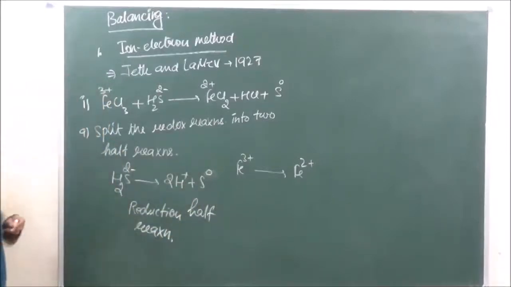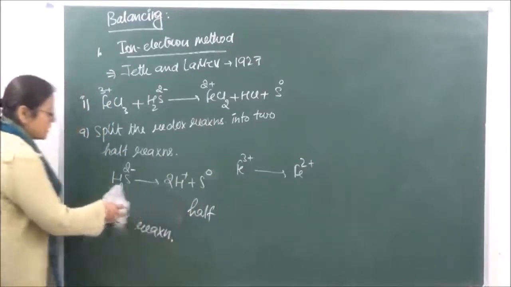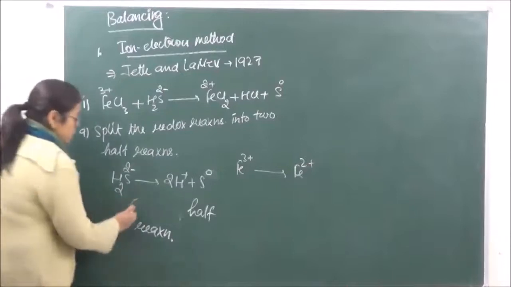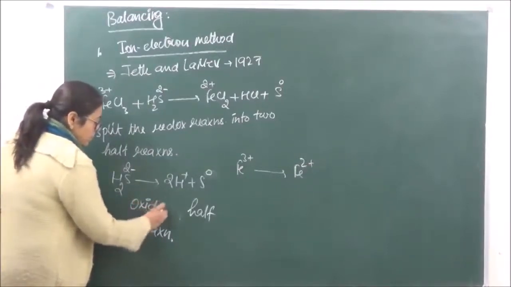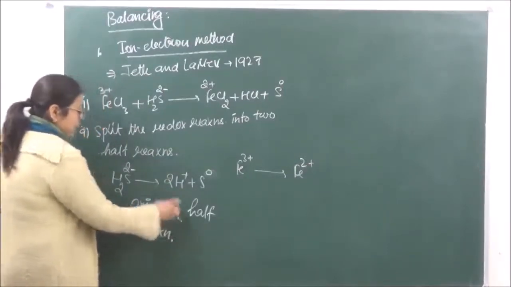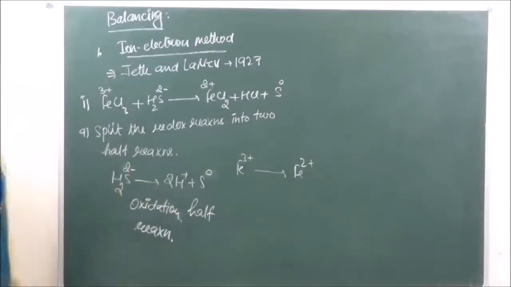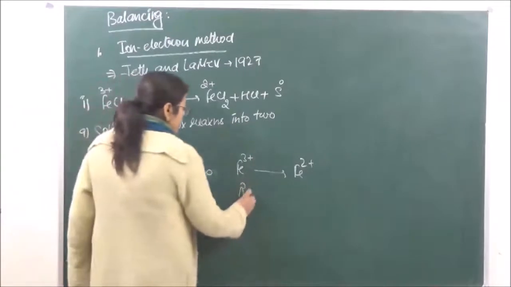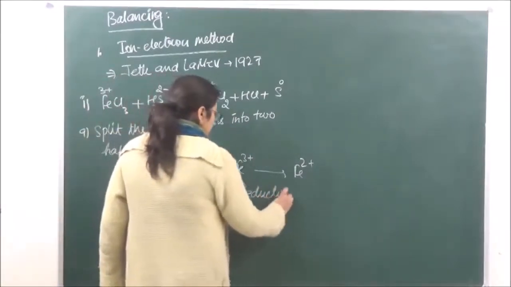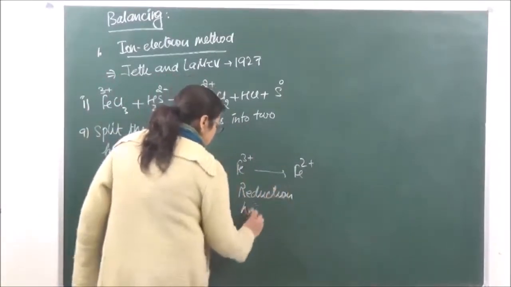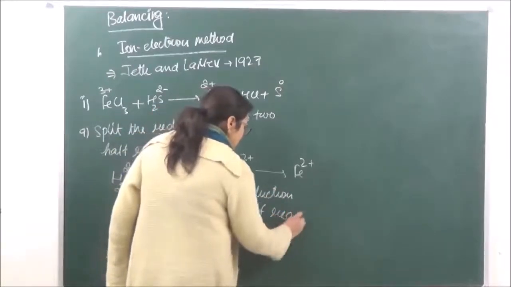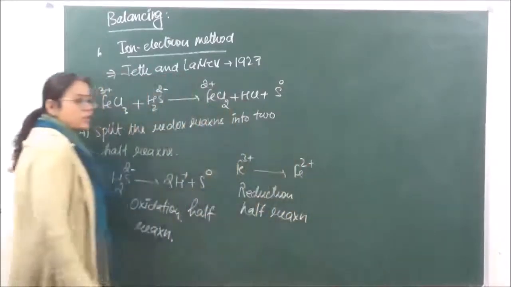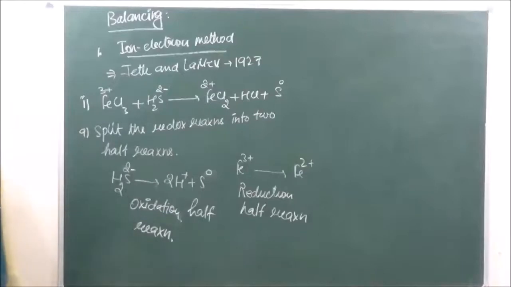So this is going to be the oxidation half reaction, right? And there 3 positive is going to 2 positive. There is a decrease in oxidation number. This is going to be the reduction half reaction, okay?